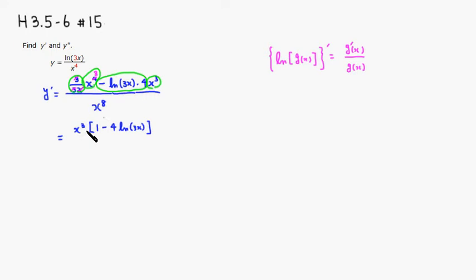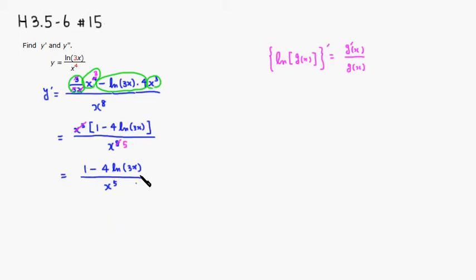So that's everyone. And then you have a denominator, which is x to the 8th power. So we can cancel. There's x cubed on top, so there's going to be 5 left over here. So what we have is equal to 1 minus 4 natural log of 3x all over x to the 5th power.